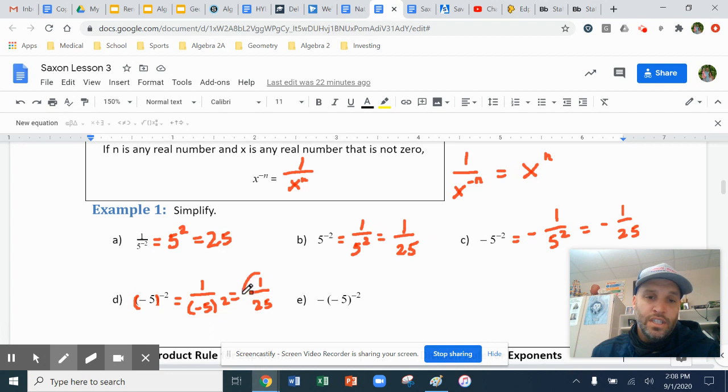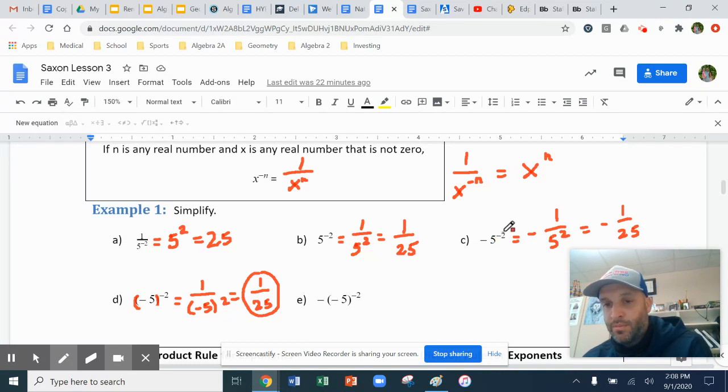The difference between C and D was that in C, the negative sign out in front was telling me the whole power is negative. In D, it's telling me to use negative 5 as my base and then multiply that out according to the exponent. Now, E is kind of a combination of both. Since we have this negative out here, that means the whole power is negative, and then I've got my negative exponent.